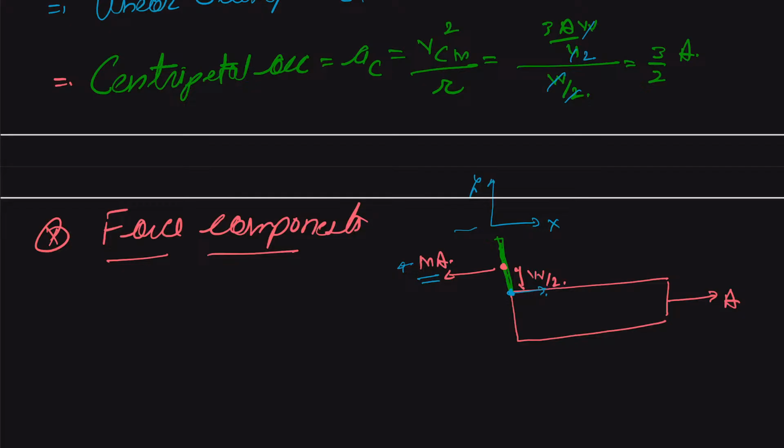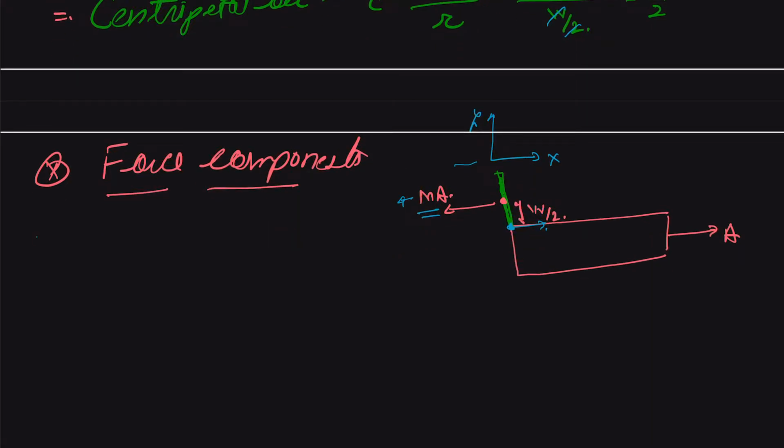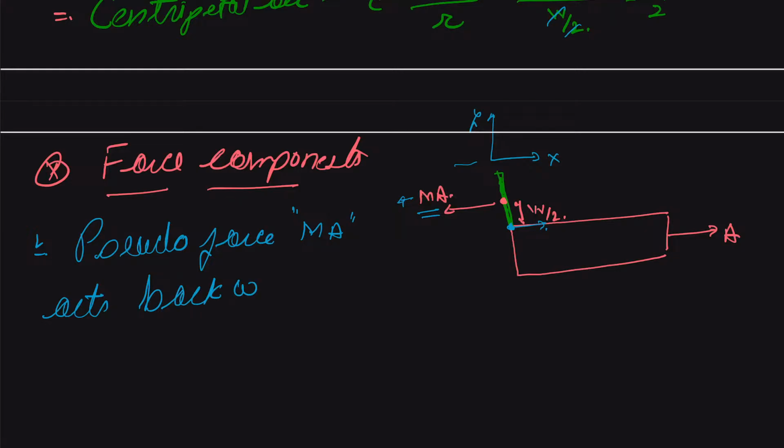So we can say that we are having our pseudo force ma, which acts backward, or we can say to the left, on the door's center of mass.